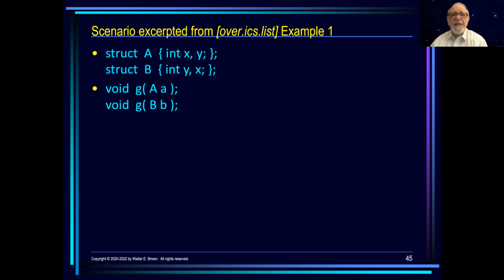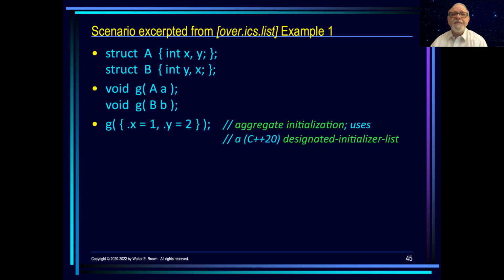And now let's look at a really interesting call. As the comment says, it involves aggregate initialization, because A and B are both aggregates, right? There are no constructors in sight.